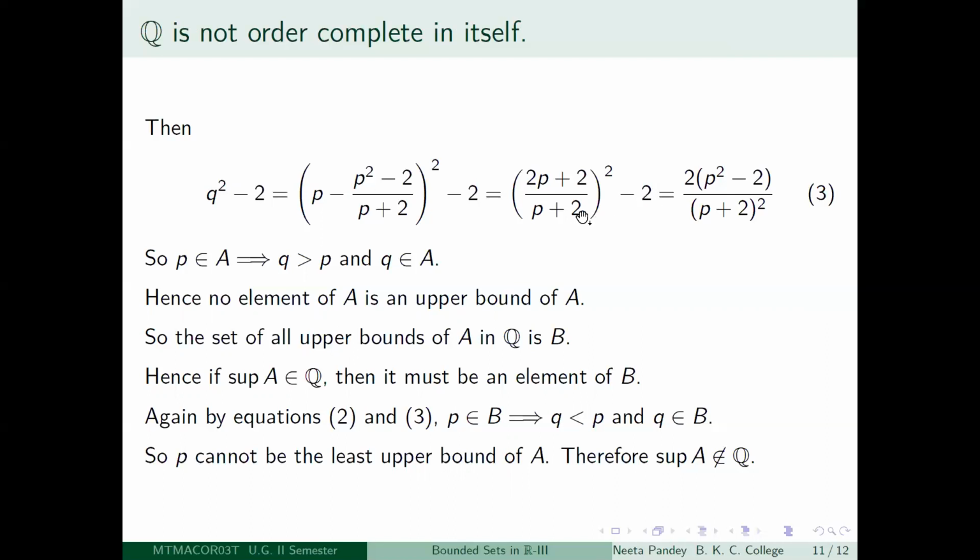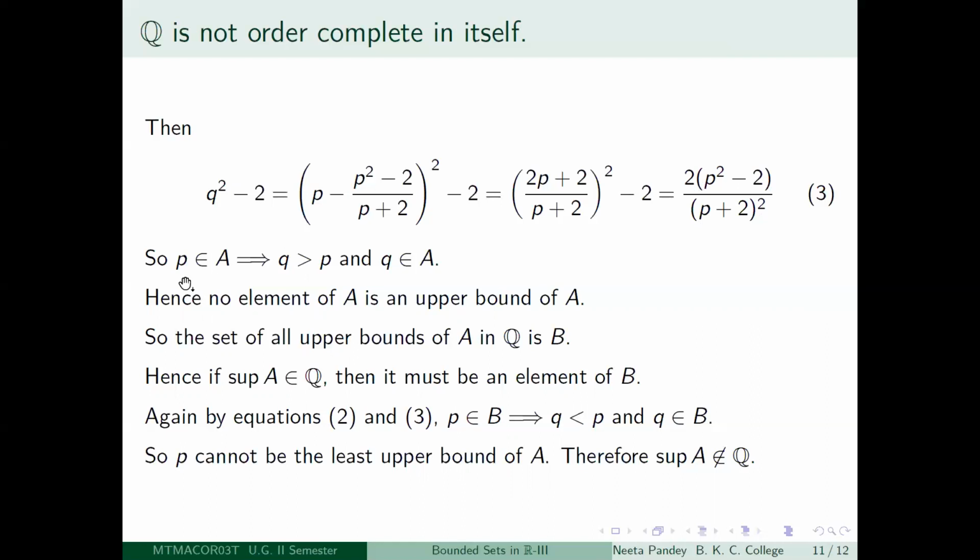You'll get 2 times 4p, so you'll get a minus 8p again. So that minus 8p and 8p here will cancel out. And finally, you'll get a 4 here. And here you will get 4 into 2, so you'll get a minus 8. So you're left with 4 minus 8, so minus 4. So in the numerator, you get 2 times (p squared minus 2). And the denominator is (p plus 2) whole squared.